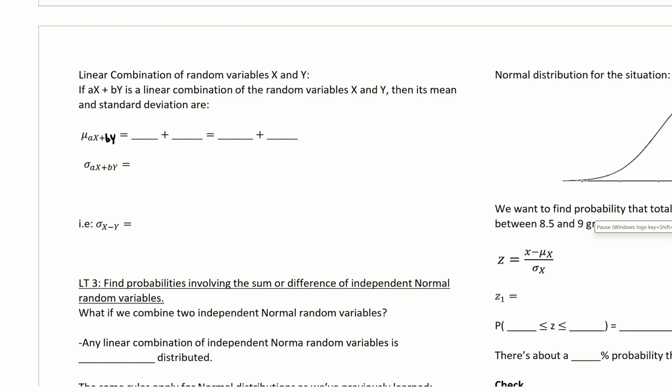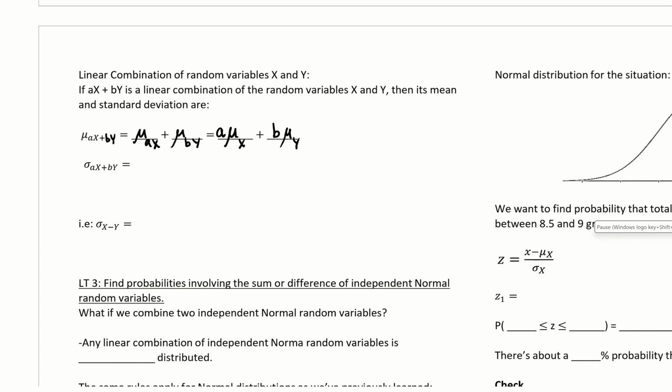We would do mu ax plus mu by. We add the two, because we're adding. But remember that a is multiplying and b is multiplying, so we multiply the mean by the a and by the b for the y. There you go. That's a good formula for that.